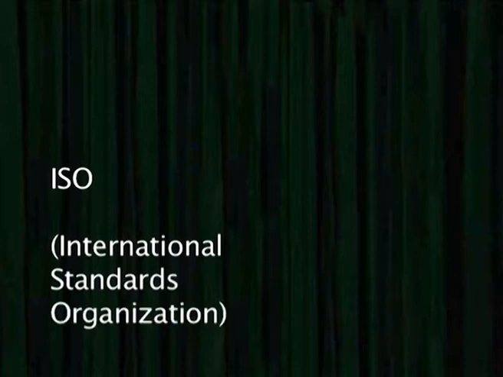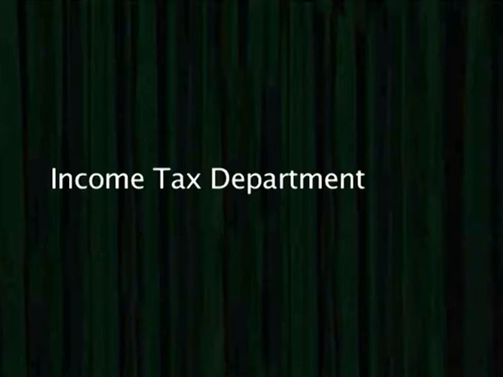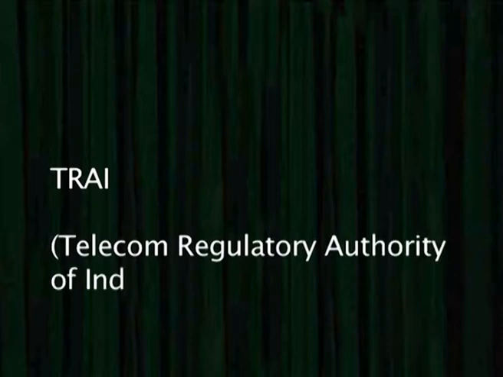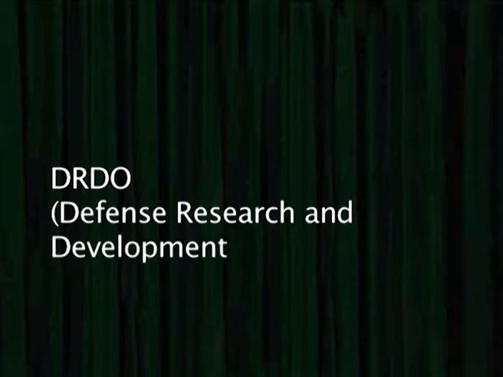There are various government or independent agencies which protect consumers' interests. Such agencies are Bureau of Indian Standards, the ISO or the International Standards Organization, Income Tax Department, Civil Aviation Authority, TRAI or Telecom Regulatory Authority of India, DRDO or Defense Research and Development Organization, and the consumer courts.